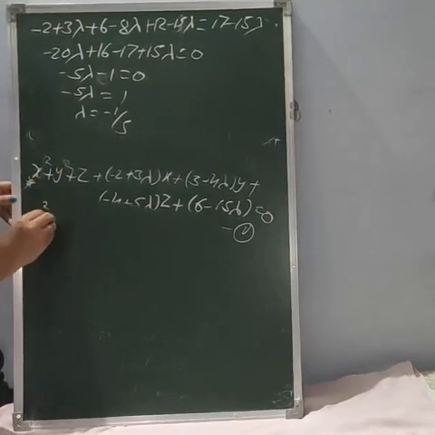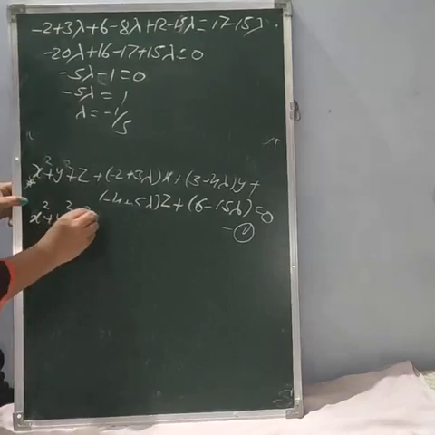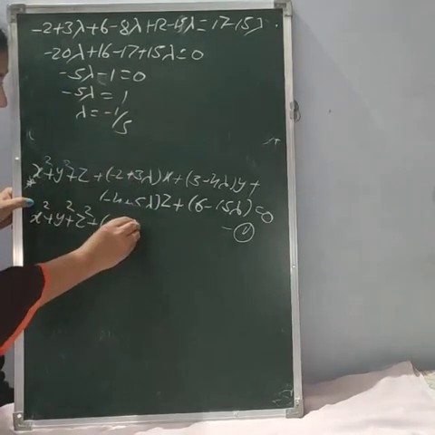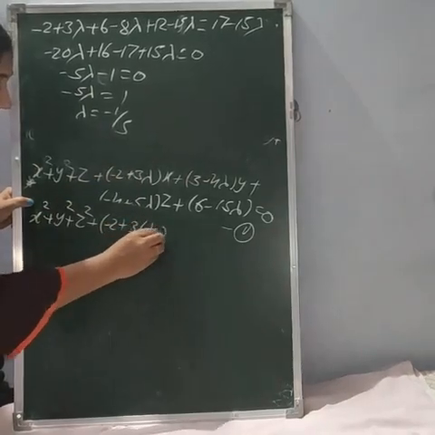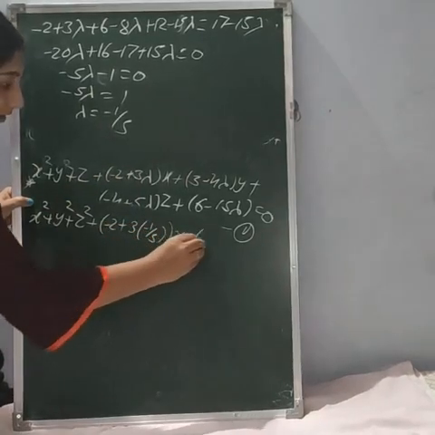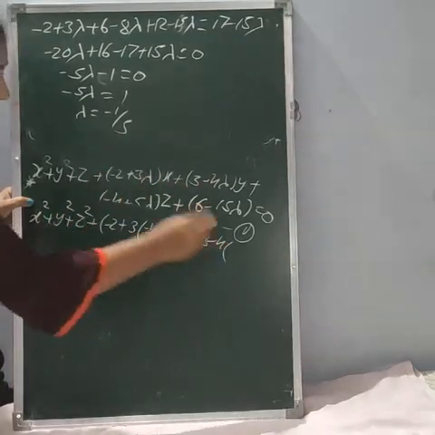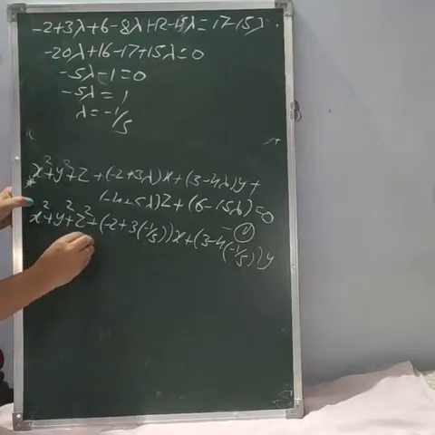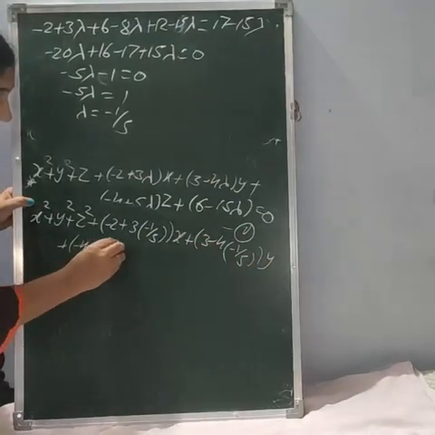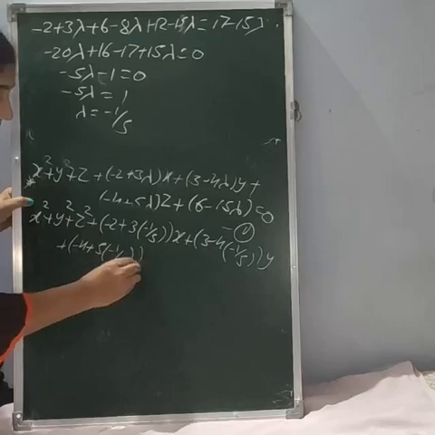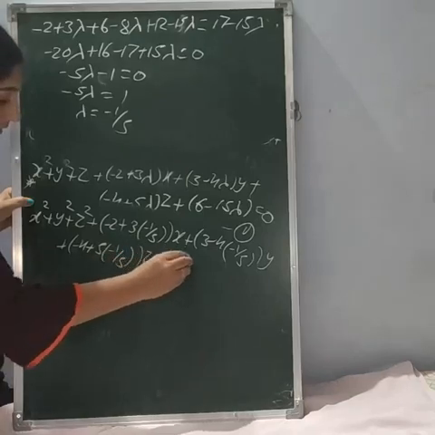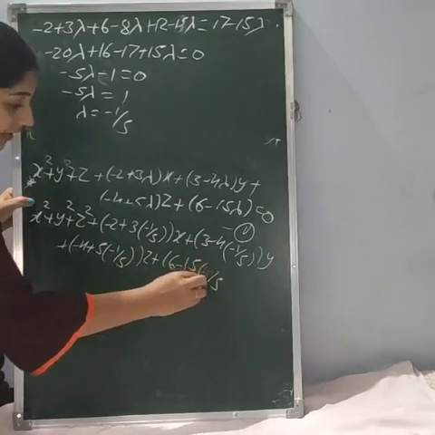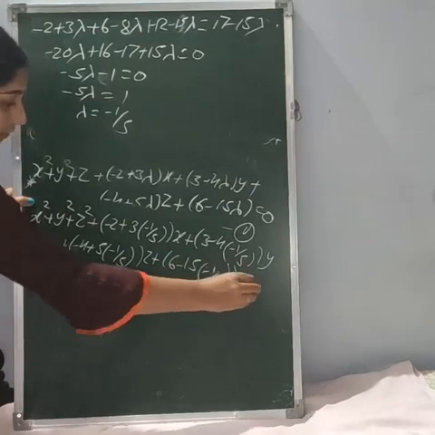So you will get x square plus y square plus z square plus minus 2 plus 3 lambda, here the lambda value is 3 into minus 1 by 5, next into x, plus 3 into minus 4 into lambda, minus 1 by 5, into y, plus minus 4 plus 5 into lambda, that is minus 1 by 5, into z, plus 6 minus 15 into lambda, that is minus 1 by 5. This is equal to 0.